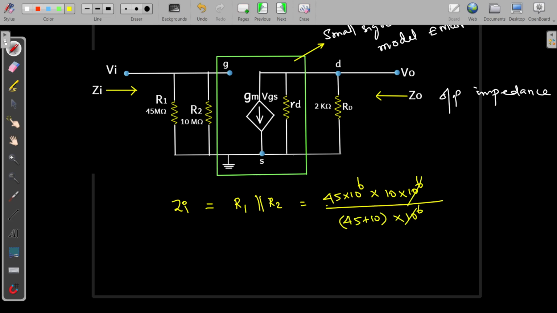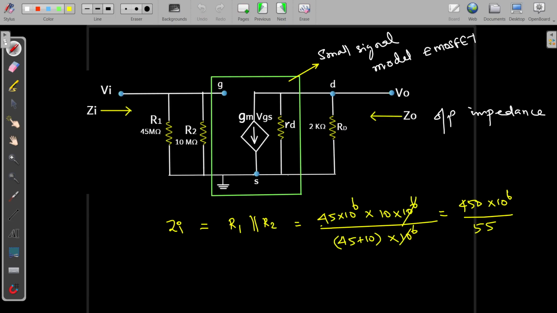These two cancel, so we get 450 into 10 power 6 divided by 55. This value is equal to 8.18 mega ohms. So we got the Zi parameter.